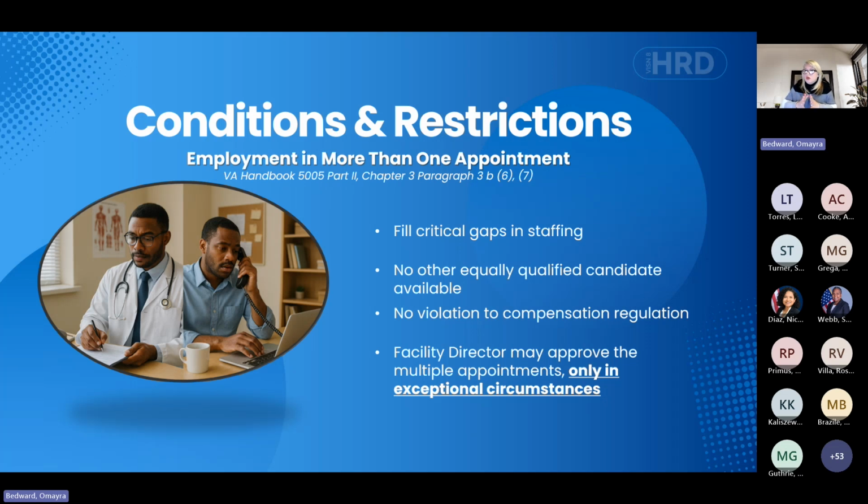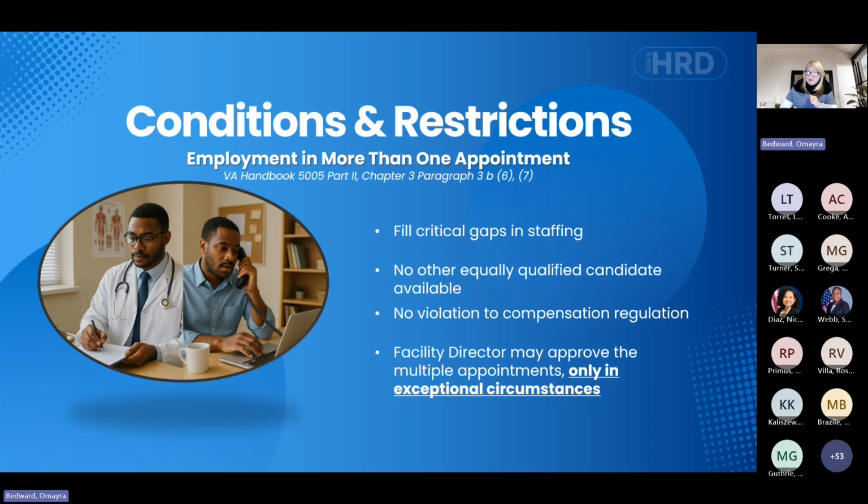Now, dual appointments are used to fill critical gaps in staffing, especially when patient care coverage is needed around the clock and no other qualified candidate is available locally. What does the guidance say? 5005, Part 2, Chapter 3, Paragraph 3B.